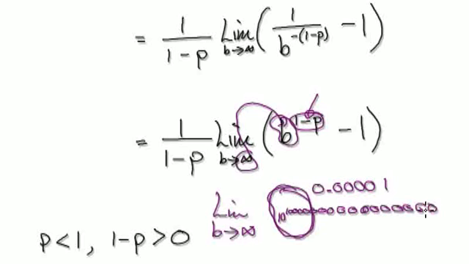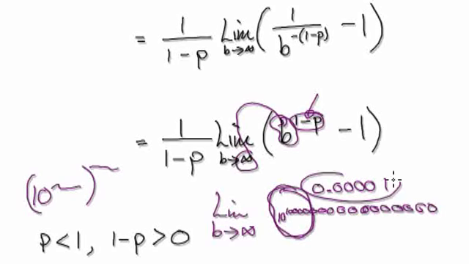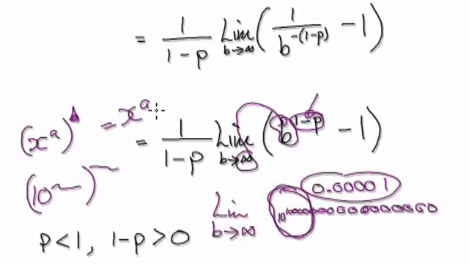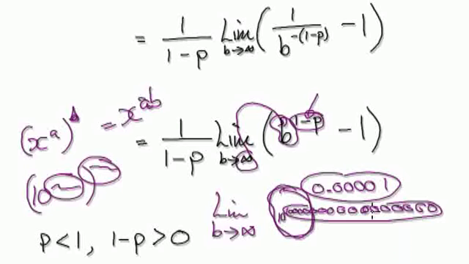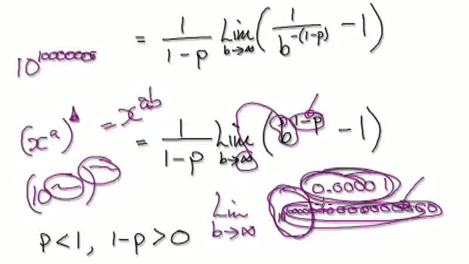Here you've got 10 to the power of whatever, and then to the power of whatever again. If you have x to the power of a to the power of b, that will be x to the power of a times b. So you would get this times this. That would give you roughly 10 to the power of 1, 1, 1, 1, 1. Maybe not as long as this, because you've got to multiply these two together. So it would give you this thing here.